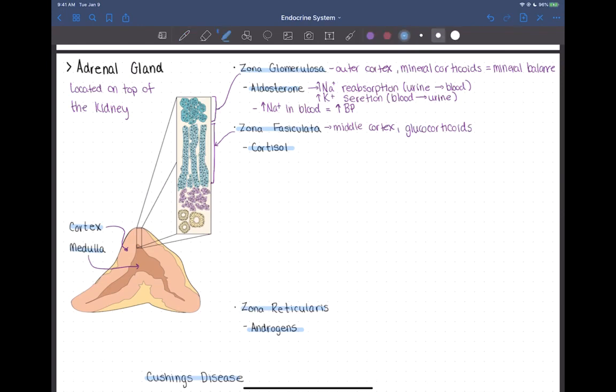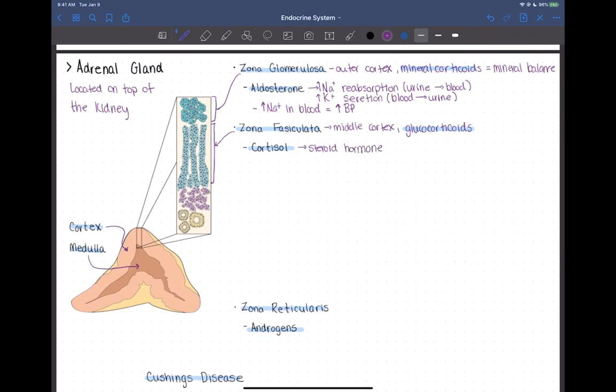Okay, and so our specific glucocorticoid that we're interested in is cortisol. Glucocorticoids are hormones that regulate metabolism. With cortisol, first of all, it's a steroid hormone, which means it's fat soluble.